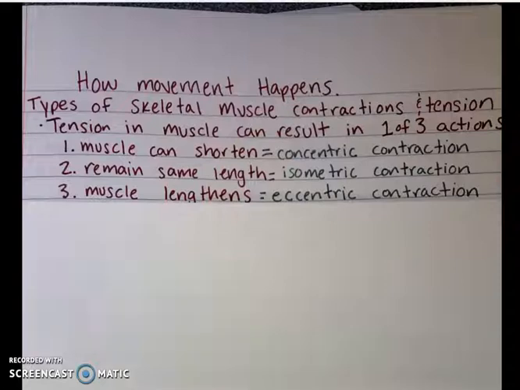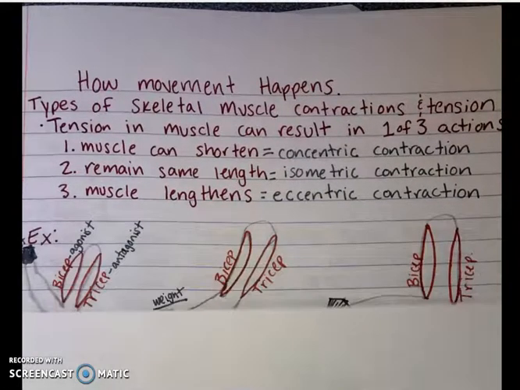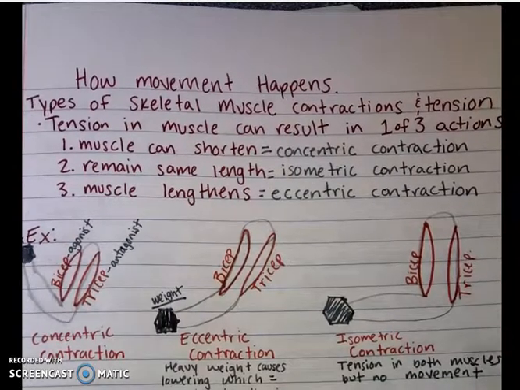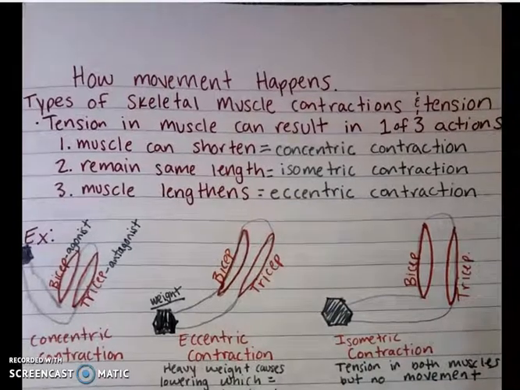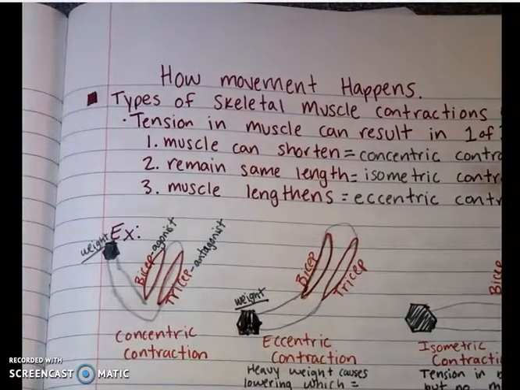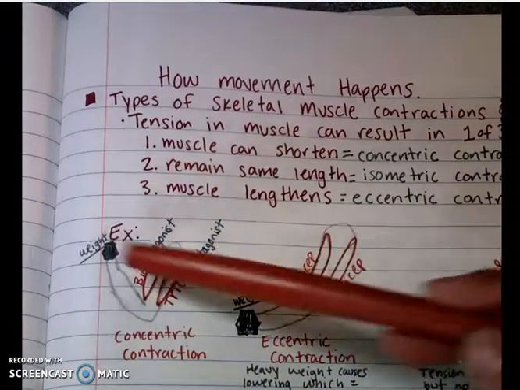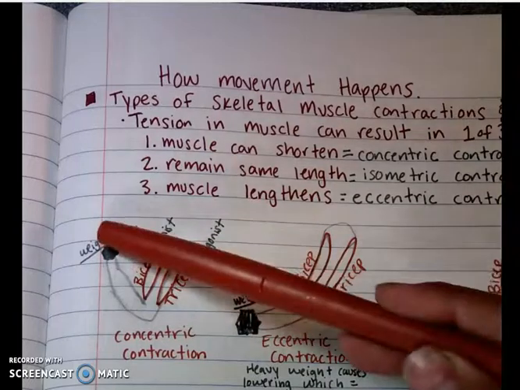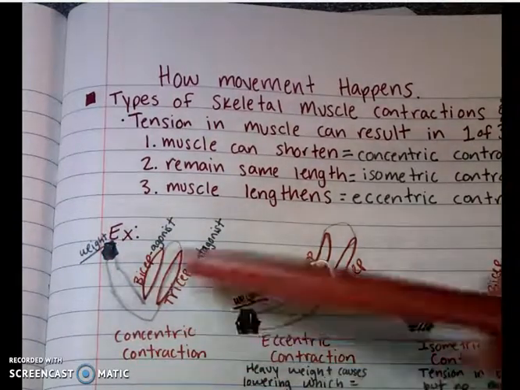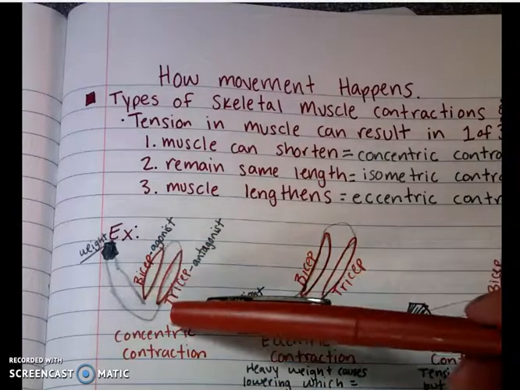So these might seem kind of counterintuitive. So what I have done is I went ahead and sketched out an example for each one of these types of tensions or muscle contractions. This is an arm, and this here is representing a dumbbell, some sort of weight, and we're going to see how these types of tensions work in a bicep and tricep.